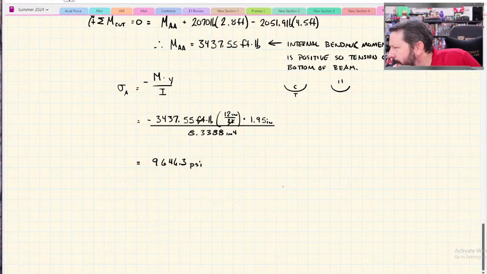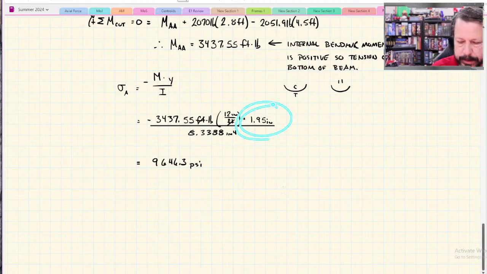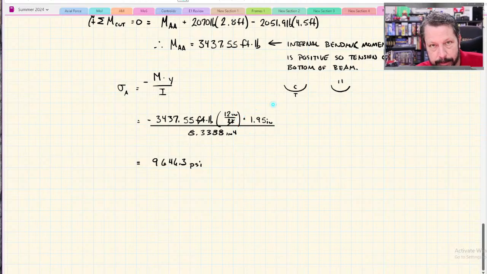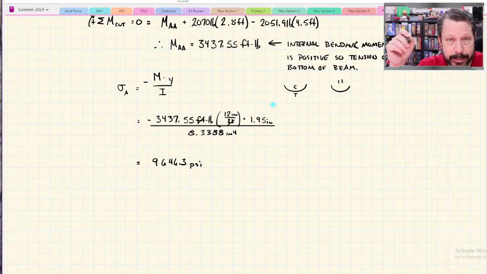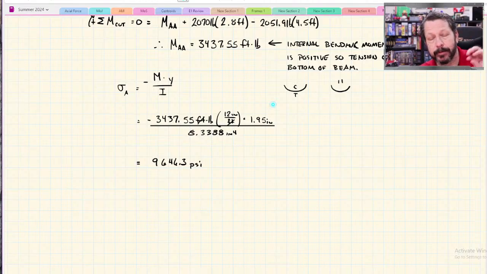Let's see the question. When doing parallel axis theorem for y squared, the y is the distance from the centroid to the desired axis, whether it be neutral. Oh, yes. So, not this y. This one is the distance from the neutral axis to the point of interest on that cross section. But when you're doing parallel axis theorem, the y is the distance from the centroid of the part you want to move around, or its effect to move around, and the place you want to move it to.